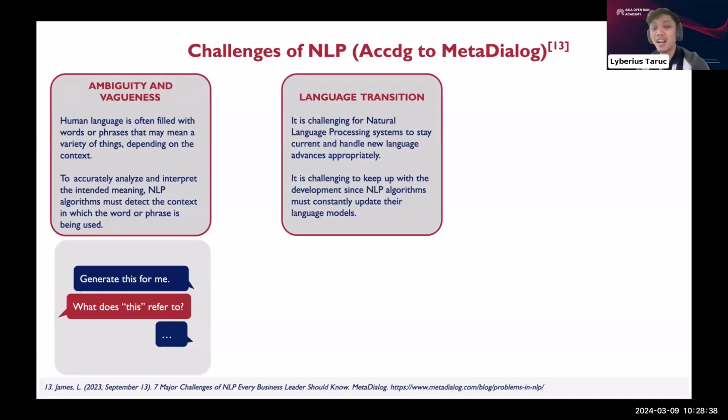Another challenge is language transition. It is challenging for natural language processing systems to stay current and handle new language advances appropriately. It is challenging to keep up with the developments in NLP algorithms; they must constantly update their language models. Again, language models are not self-growing in a way that they create ideas out of thin air.